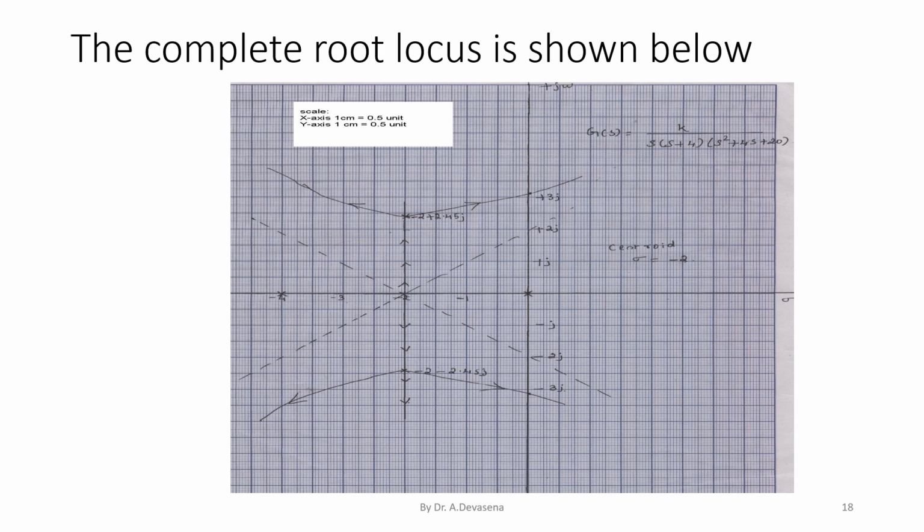And we have also marked the intersection of the root locus with the imaginary axis. It is indicated in this problem. And we have also indicated the angle of asymptotes in the entire root locus representation.